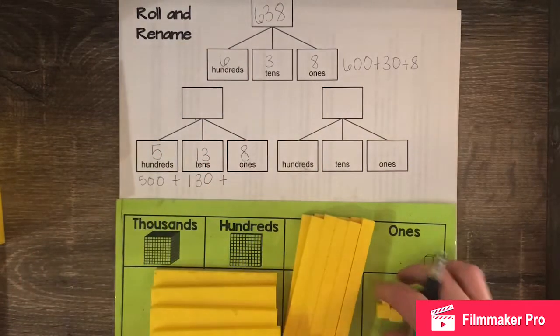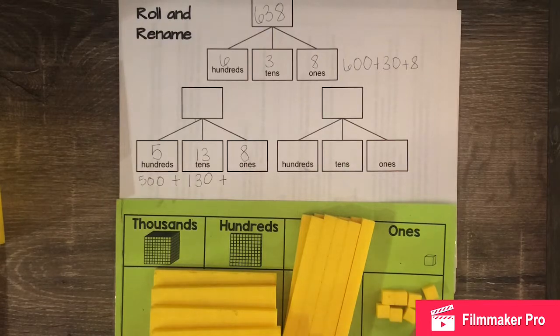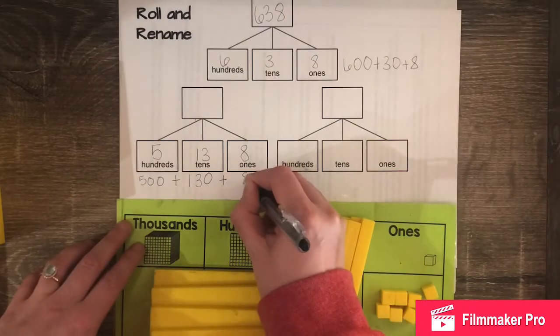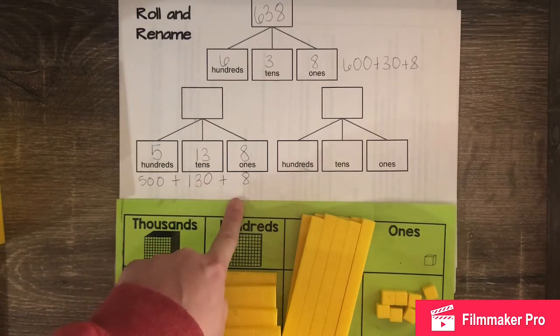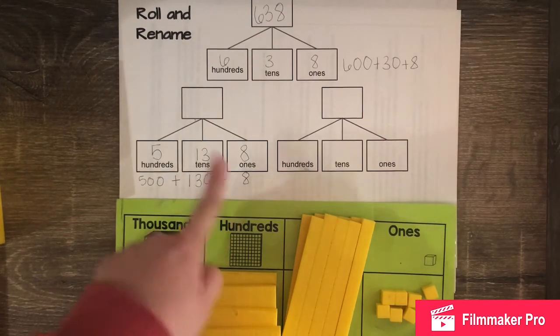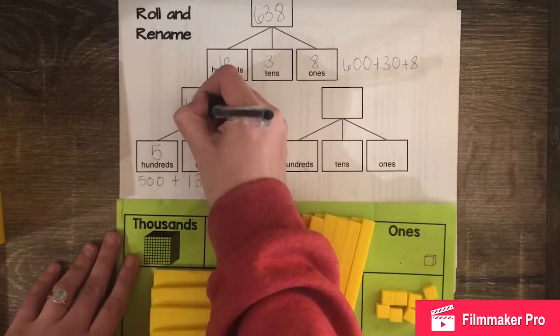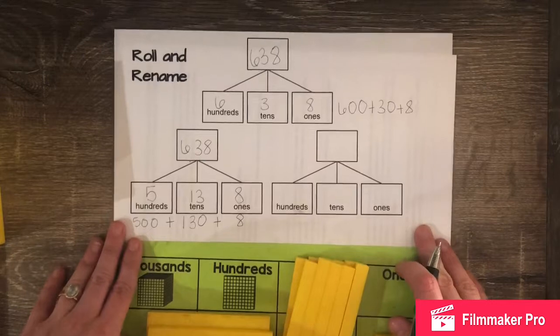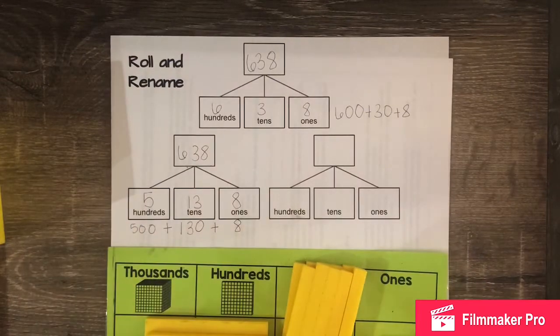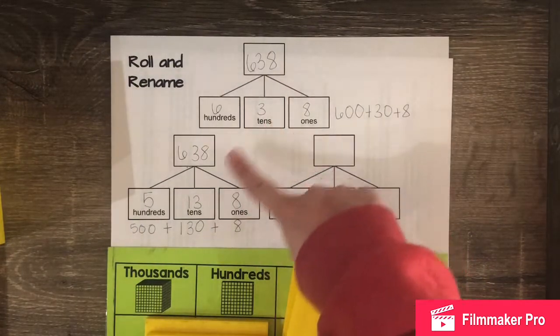Plus, that's right, we still have our 8 ones. 500 plus 130 plus 8 equals, you are right, this is still 638. Do you guys see how we decompose 638 in two different ways?